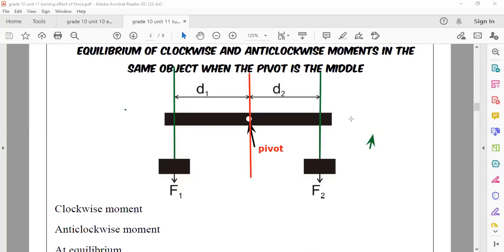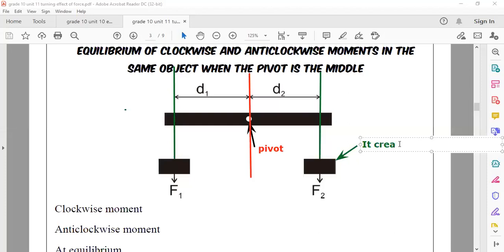In these two forces, which force will create the clockwise moment? Who is going to turn it clockwise? F2, force two. So it creates what kind of moment?